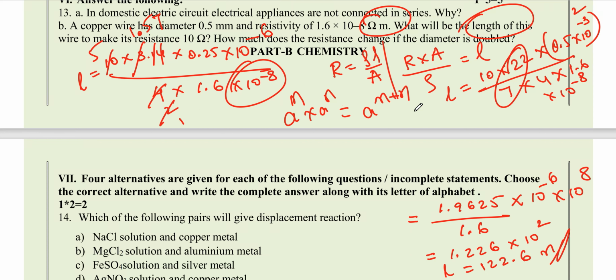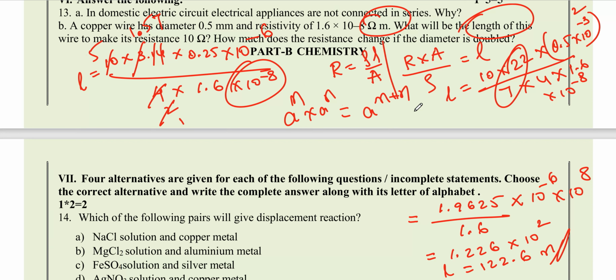If the bases are same, we can add the powers. It's a very easy problem. 122.6 meters. My dear students, one more good news for you. Maximum chances are there you may get the same values. If this type of question appears, they won't change the values. So you can guess what the answer could be.